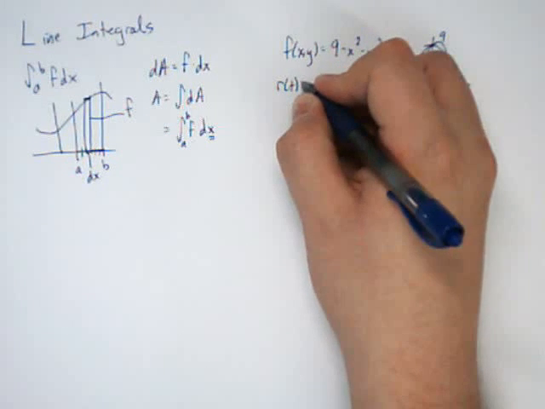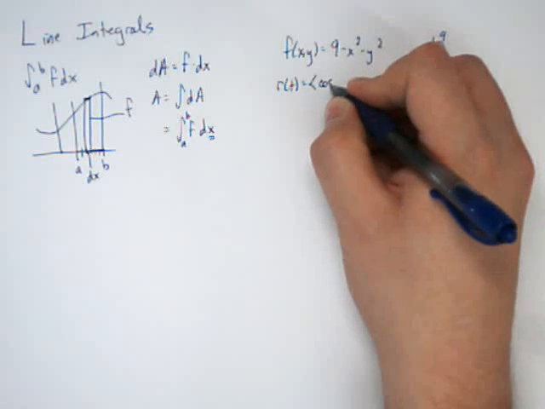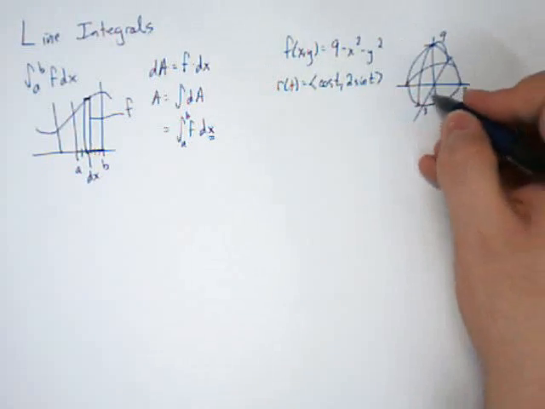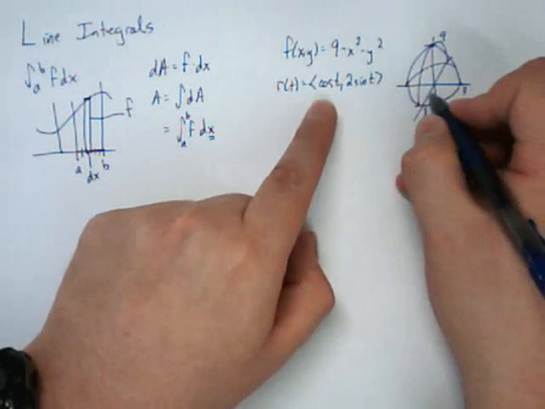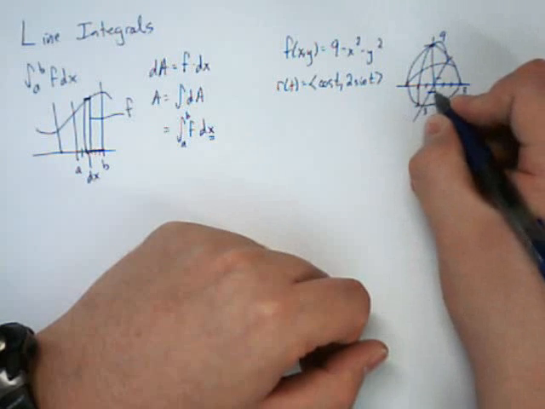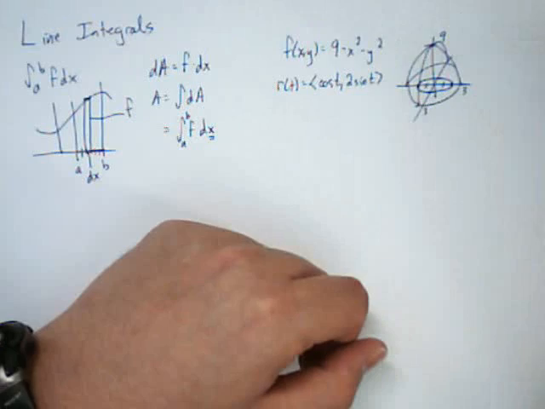I also want to take a curve, r of t. Let's make it an ellipse, cosine t, 2 sine t. And so this one goes 1 out in the x direction, 2 in the y direction, and it's an ellipse that moves around in the xy plane.